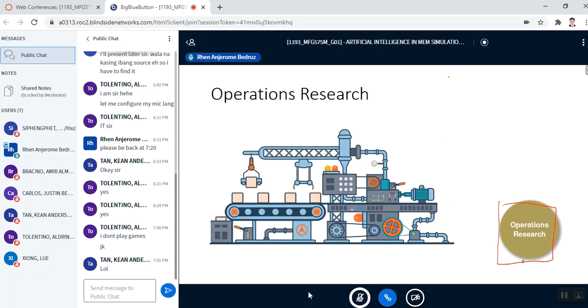A very basic example: if I have a paper that I want to turn into a box, how do I do it? How do I make this carton a box?